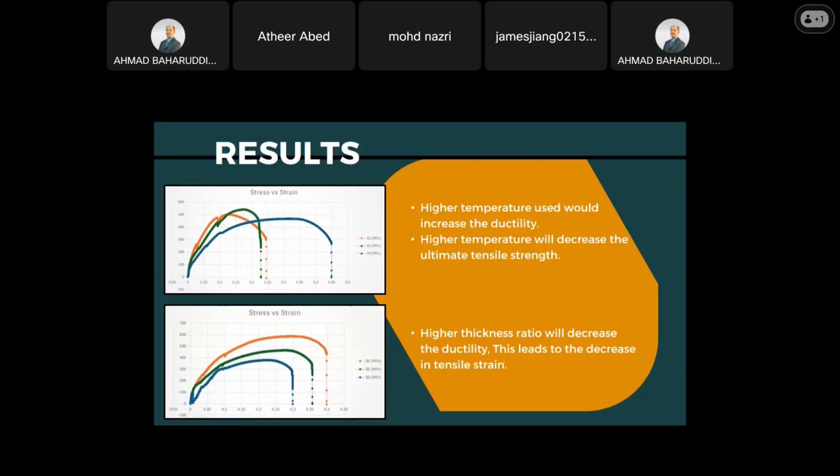Sort of, because even though we use different temperatures, each of these specimens still undergoes a combination. Even though this one uses A3, 900 degrees Celsius, it is one of the combinations. So it may have used oil as the cooling medium or another thickness ratio. So that has affected it a bit as well. So it's a bit inaccurate because it has already been combined with other combinations as well.